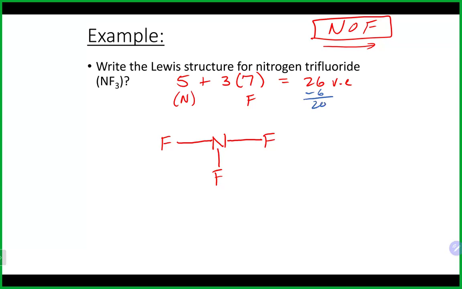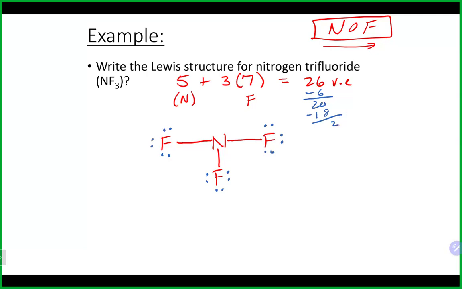To put the 20 electrons on my picture, I'm going to work outside in. I'm going to fill up all the outside atoms with electrons, and they're going to be put on as pairs of electrons. So 2, 4, 6, 8, 10, 12, 14, 16, and 18. I just put another 18 electrons on there.